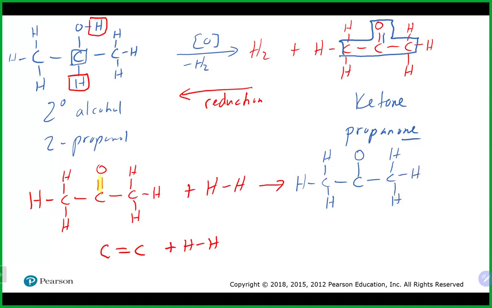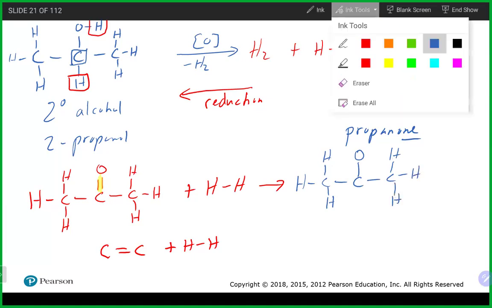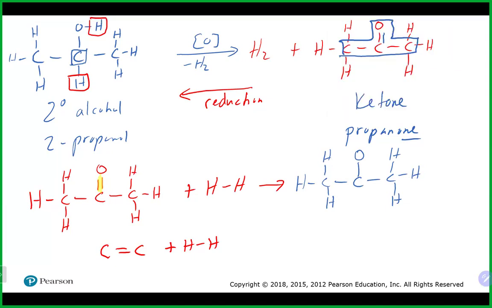And now that I made room, just like we take off the hydrogens, we're going to put on the hydrogens the same way. This guy gets a hydrogen and this guy gets a hydrogen. And now I just went from a ketone to a secondary alcohol through a reduction reaction. And the definition of reduction is that it gained H2, right? Which is the opposite way in that case.